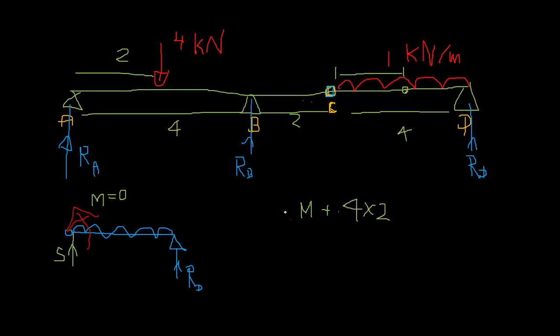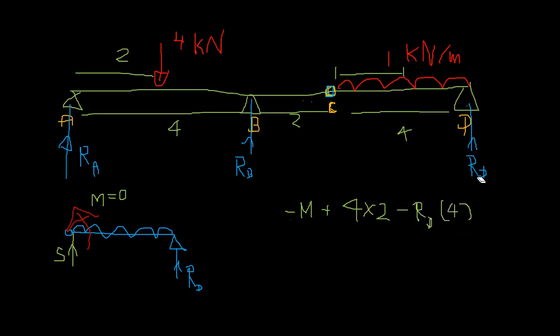If I'm taking anti-clockwise negative, that means clockwise positive. Here the load is acting in the clockwise direction, and again the R is anti-clockwise, RD into 4 about this point.